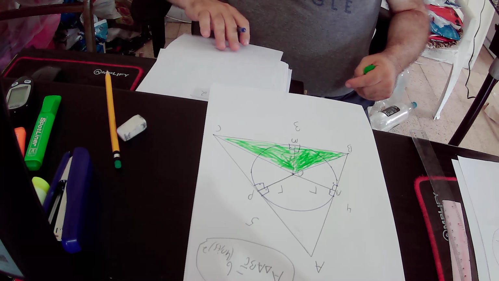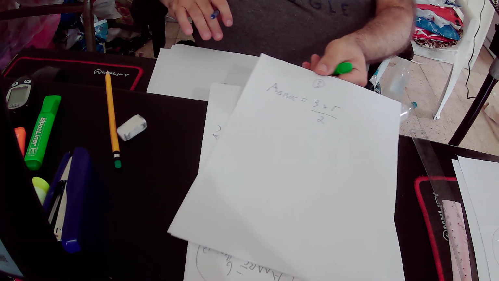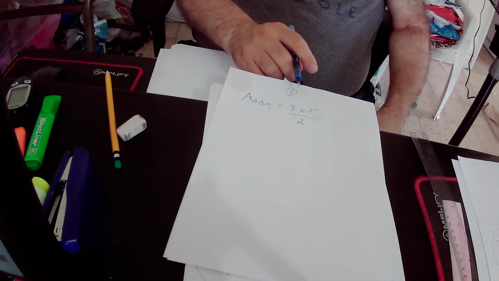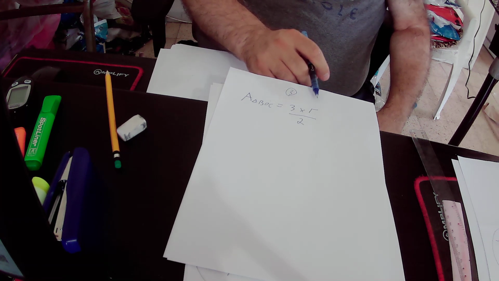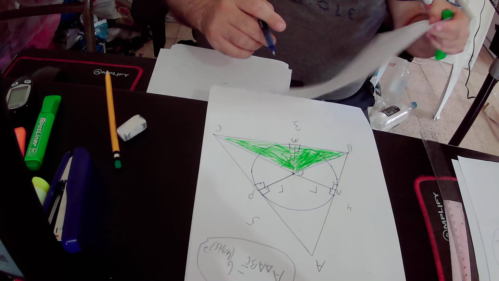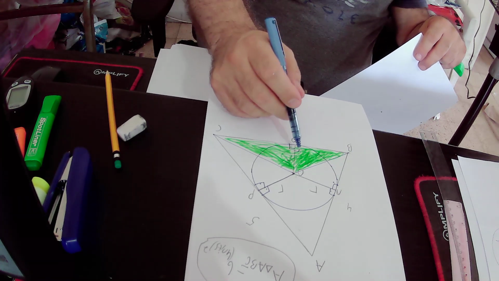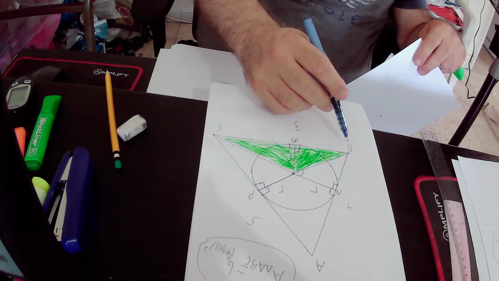Okay, so the area of the green triangle equals the base, that is 3 units, times the height to the base. The height to the base is the radius of the circle, because it creates 90 degrees with the base.